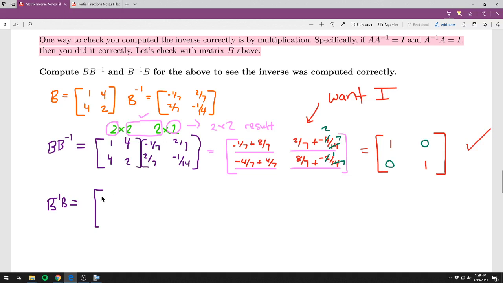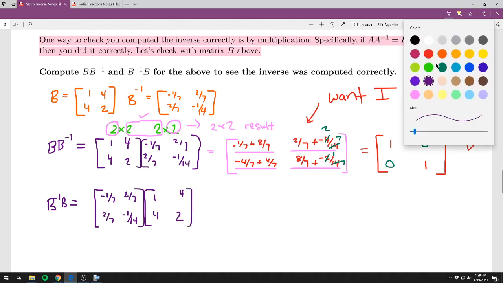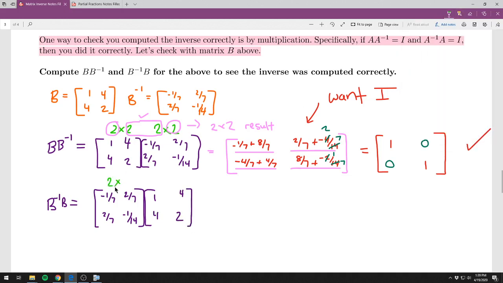All right, so we've got b inverse on the left now, and b on the right. The size and everything is the same. We still have 2 by 2 and 2 by 2.